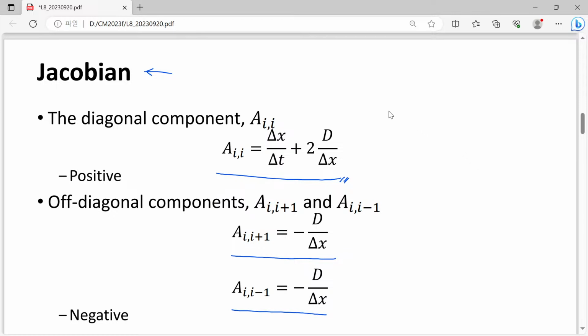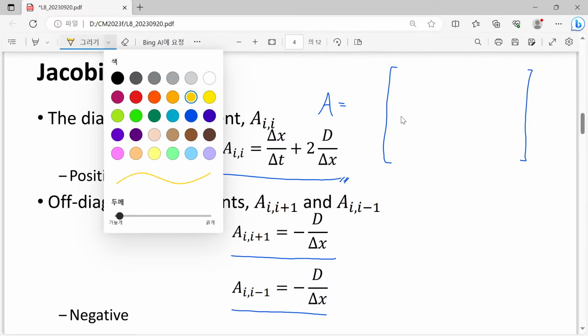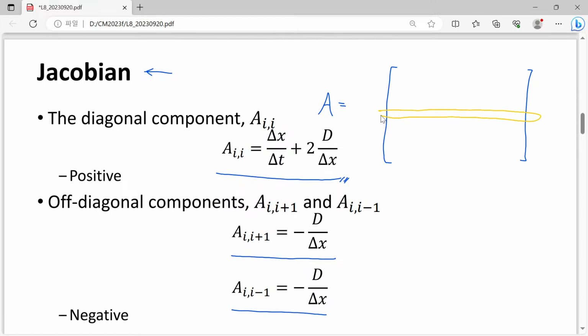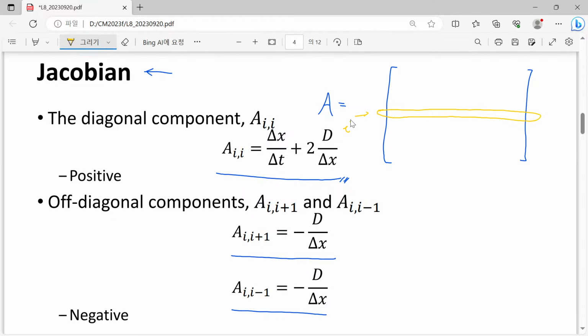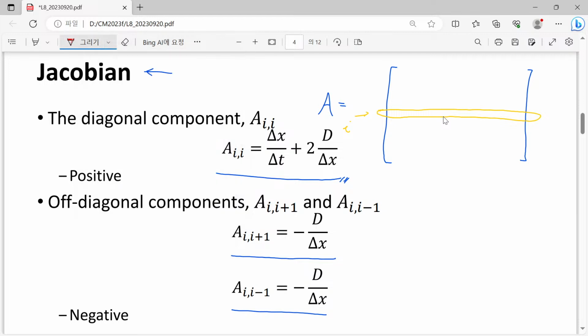So for example, if we have a matrix, this is typically a very large matrix, and if we just observe a certain row of our Jacobian matrix, let's say that this is an arbitrary value of integer I, then you can find that there are only three non-zero values.